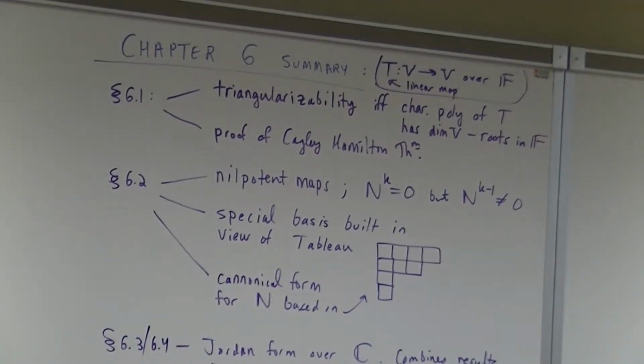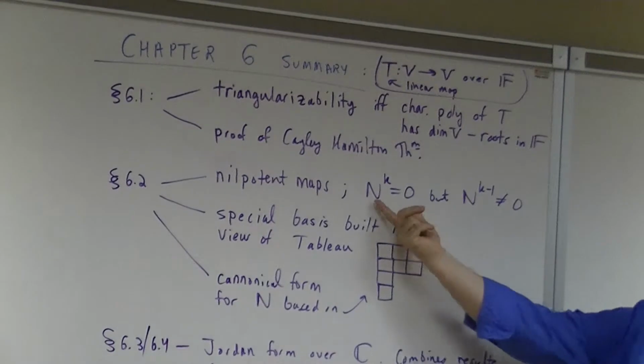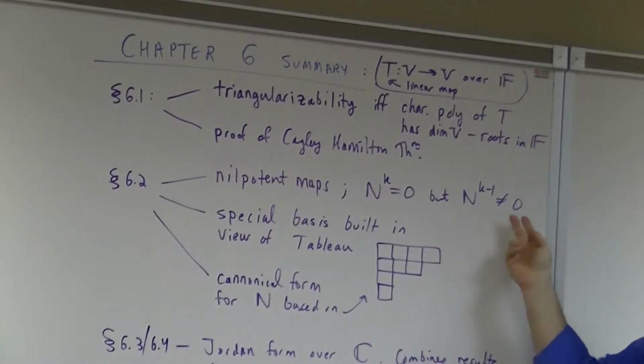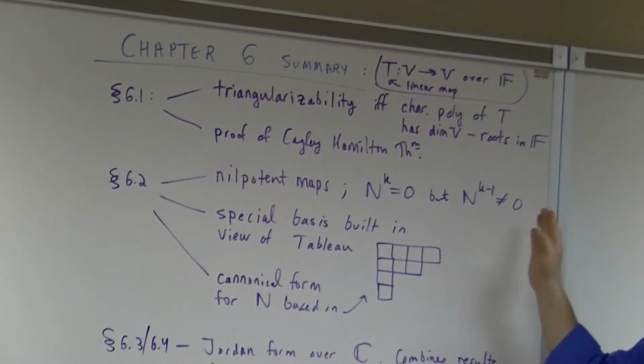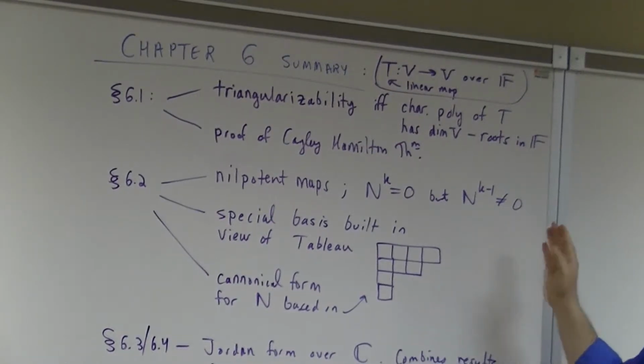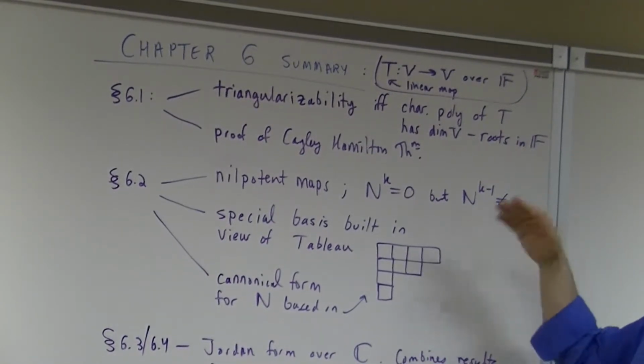It's very much like that t-cyclic basis problem I gave you in the last homework. You take one vector and you keep operating by n and you build this basis. The difference is that once you go past that t-cyclic, in this case n-cyclic basis, you go back to 0.